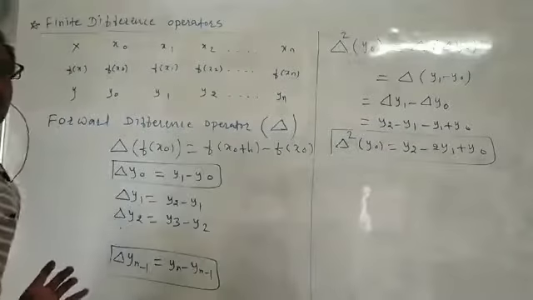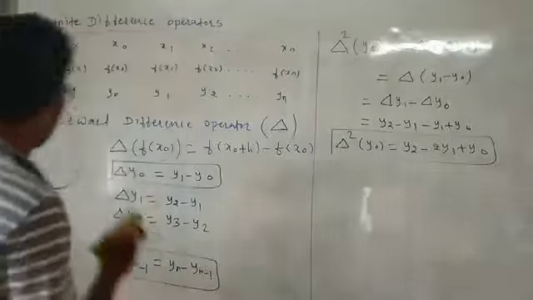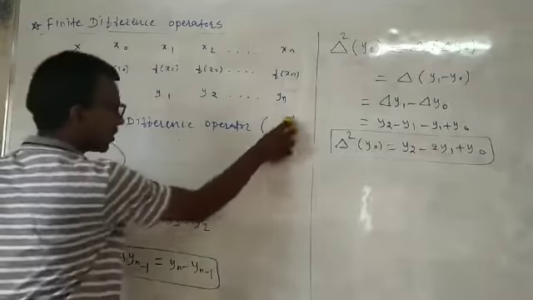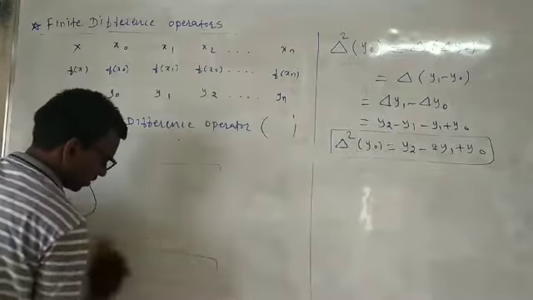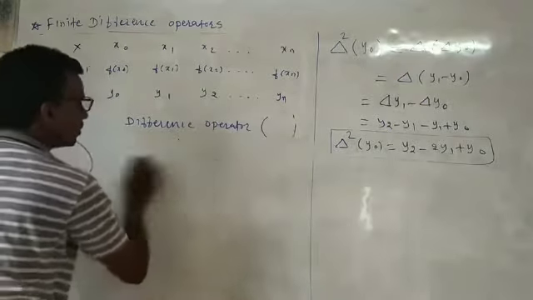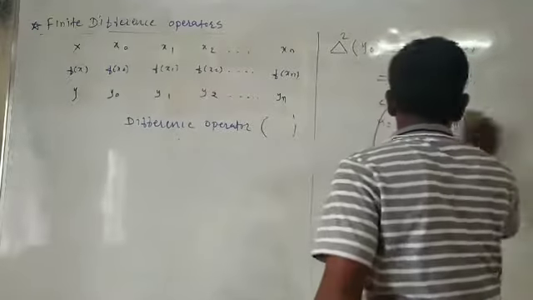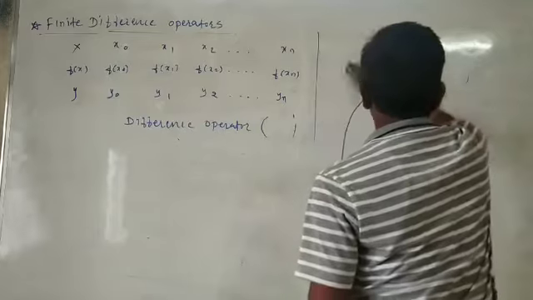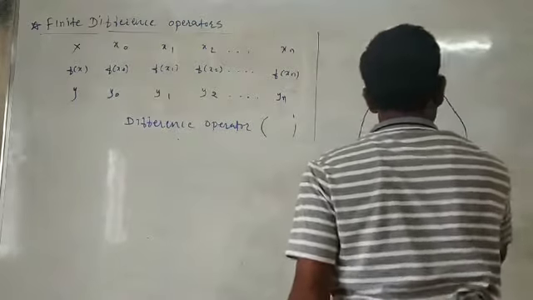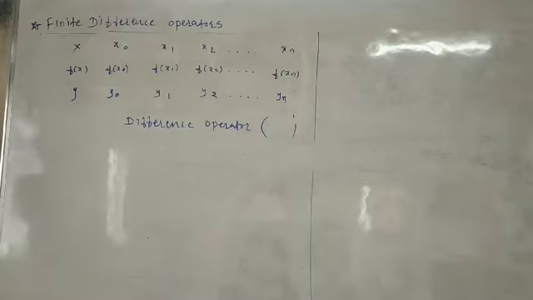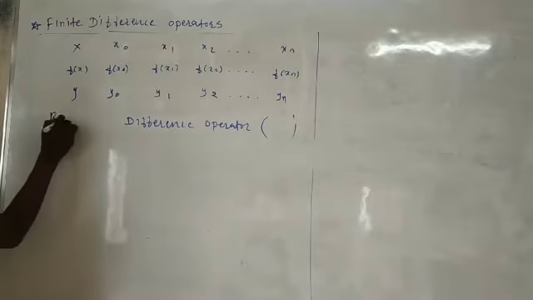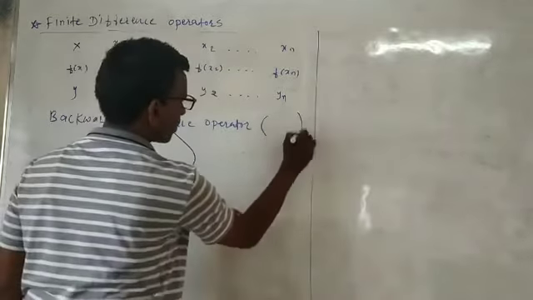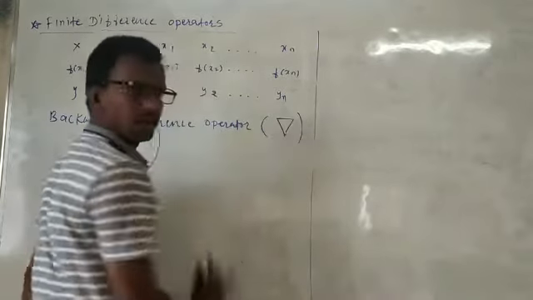Now, the next operator is the backward difference operator. It is denoted like this.